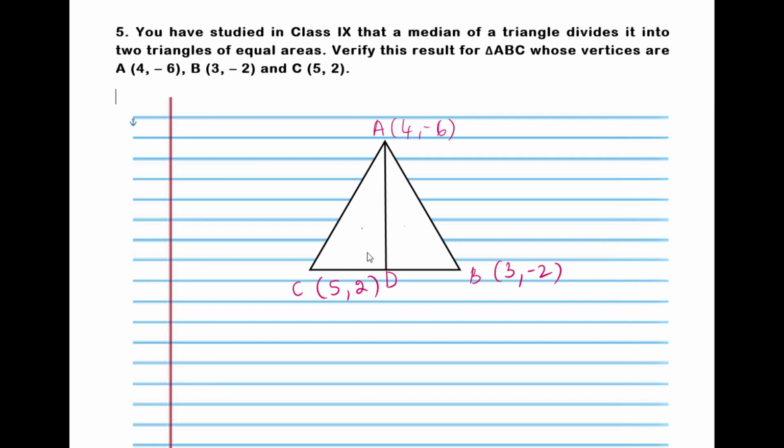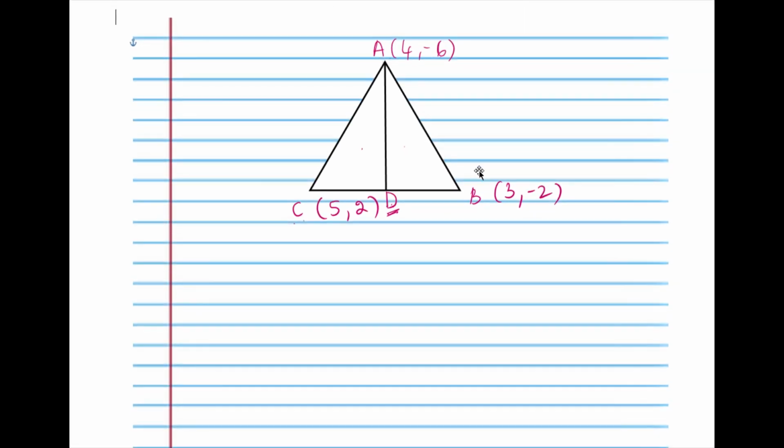We need to verify this result. We need to check whether area of triangle ADC is equal to ADB. Now to find out triangle ADC and also ADB, we should find out the point D. How to find out the point D? Point D is the midpoint of B and C by using midpoint formula.